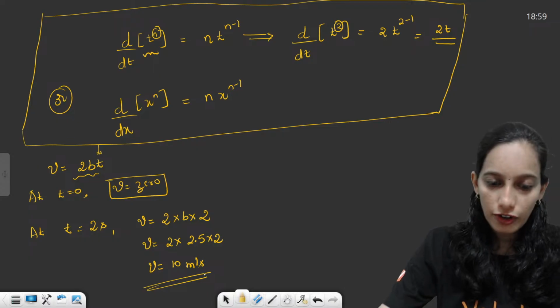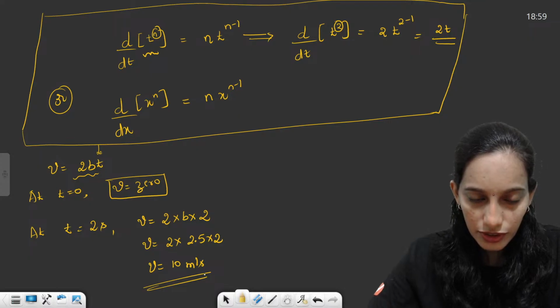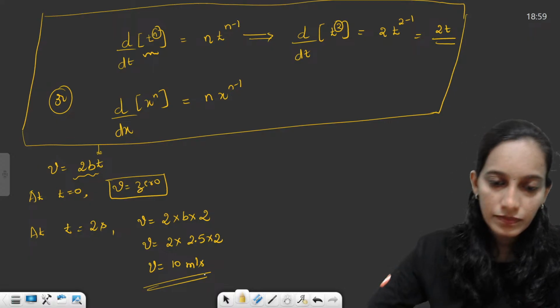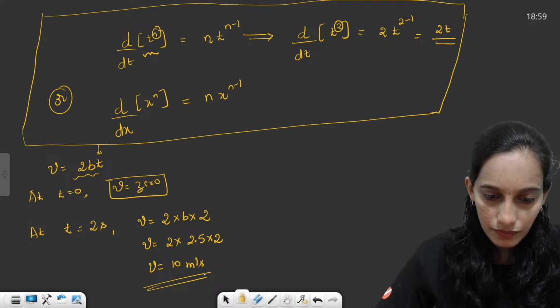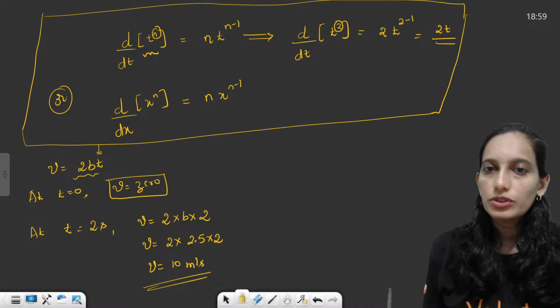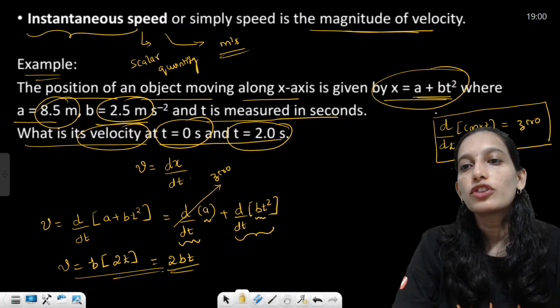Yeah, hope you are following. Any doubts? You can just raise your doubts in the chat box. So this is one method to find out the velocity of a particle when the position of the particle is given to you.